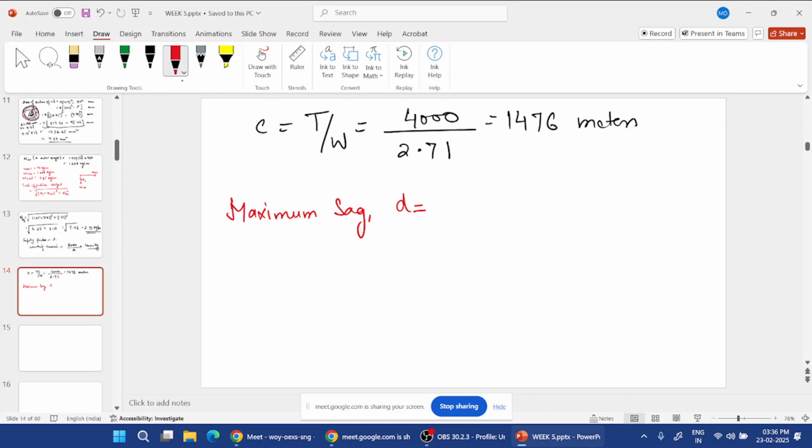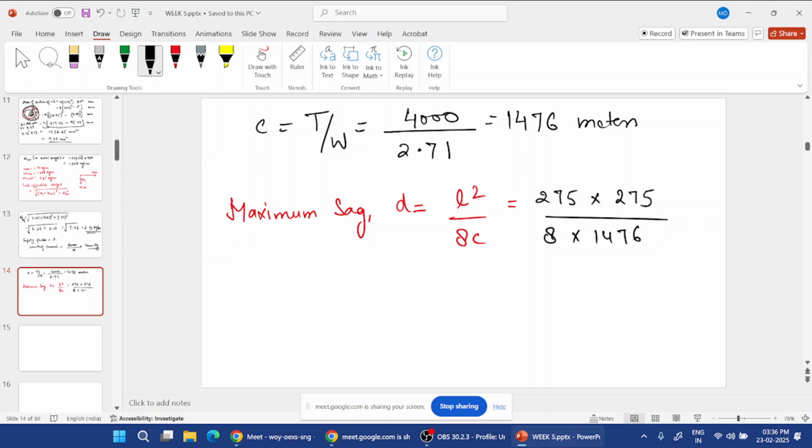And maximum sag D is equal to L square upon 8C, where L is the span length. It is equal to 275 into 275 divided by 8 into 1476. Let me calculate it for you.